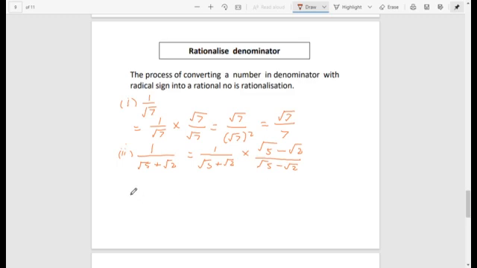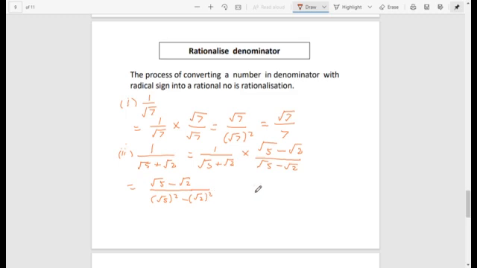So this will be equal to root 5 minus root 2 upon root 5 whole square minus root 2 square. Here we have used one identity.